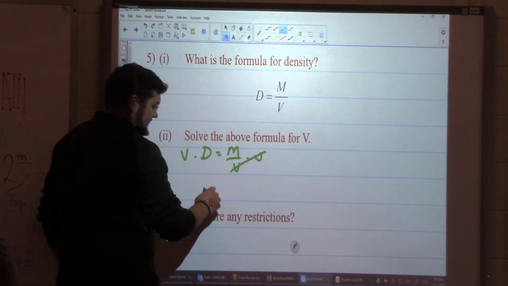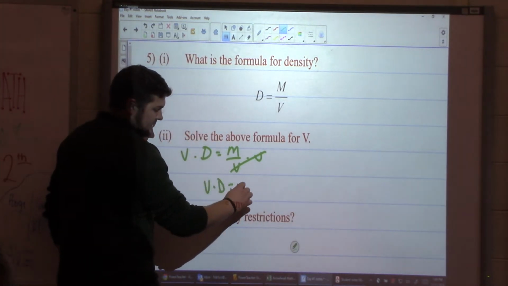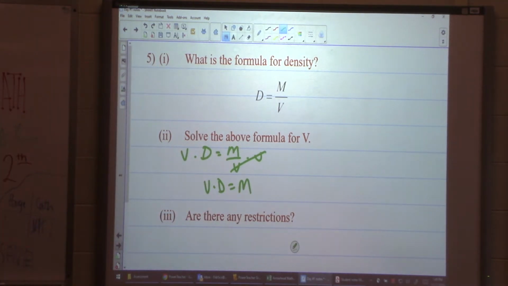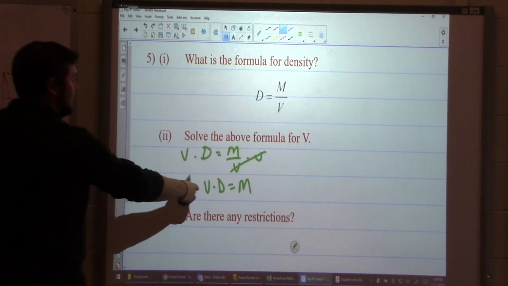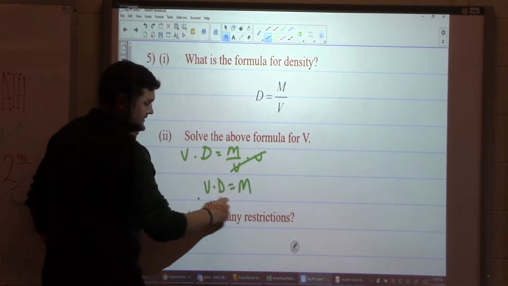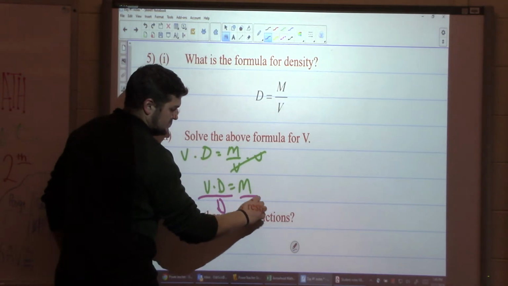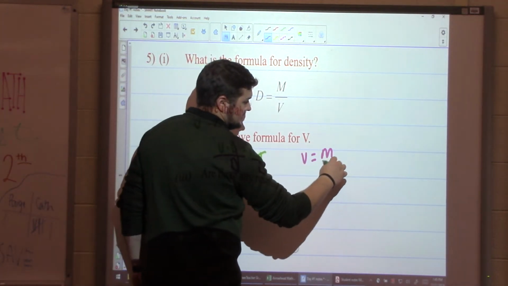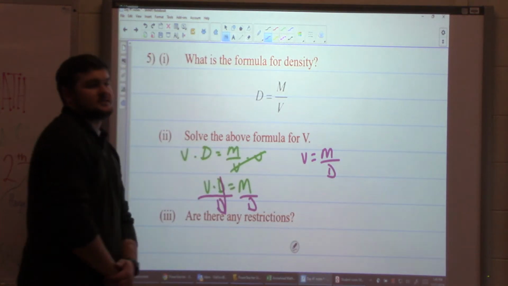We get v times d equals m. Then to get it by itself on that left side, I'm going to divide by the density, or divide by d. I get v equals mass over density, or m over d.